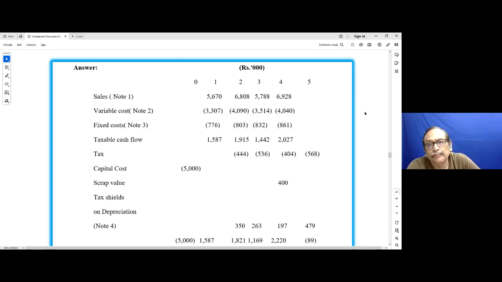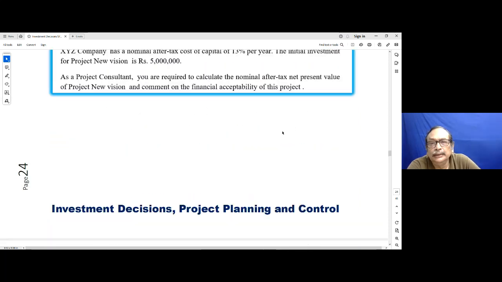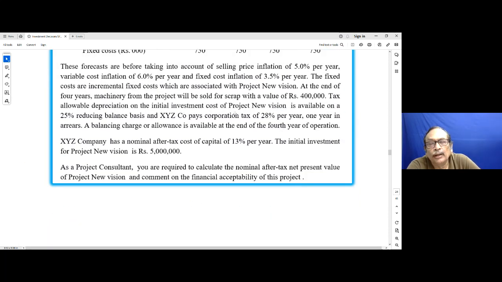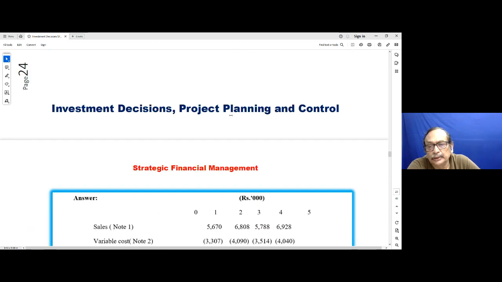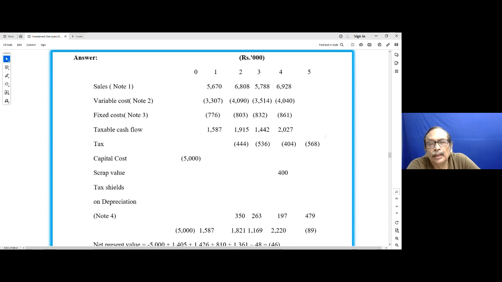Now we are going to have tax. The tax is given as 28% per year, so we are going to deduct the tax amount. It will be deferred by 1 year. So first year's tax will come in the second year, that is 444, then 536, then 404, then 568.